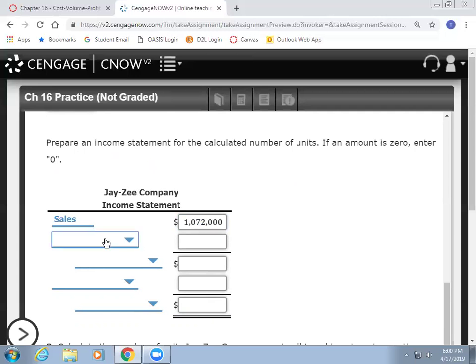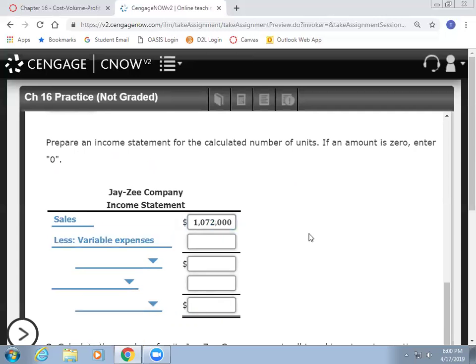And then we would take less our variable expenses. Well, there we would have to add up our total variable expenses. So we would take materials plus labor plus variable overhead plus the variable sales commission, multiplied by the 3,350 units.